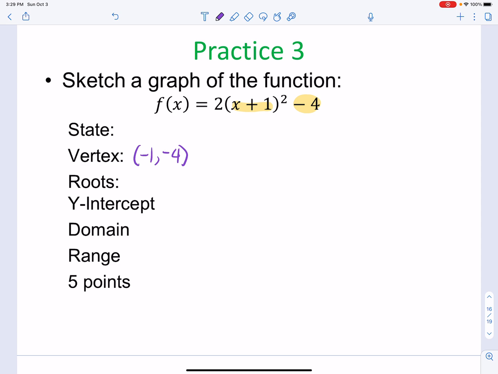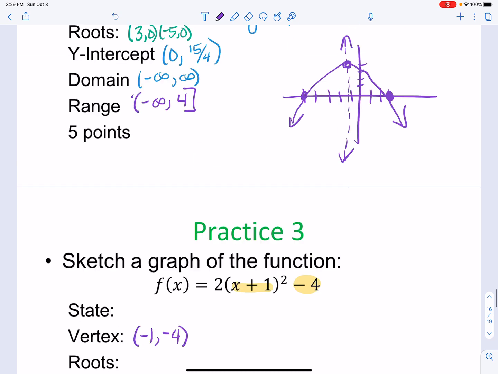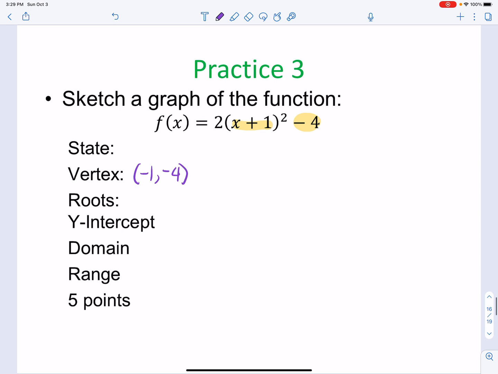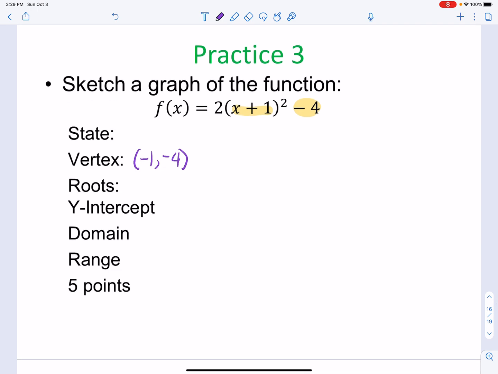Okay? So to find the roots, think back up here when I found roots. I just square rooted. I'm going to circle it in purple right there. I just square rooted both sides because it was in vertex form. You can multiply this all out and do all kinds of work, but it's already in vertex form. So can't you just set it, why do extra work?